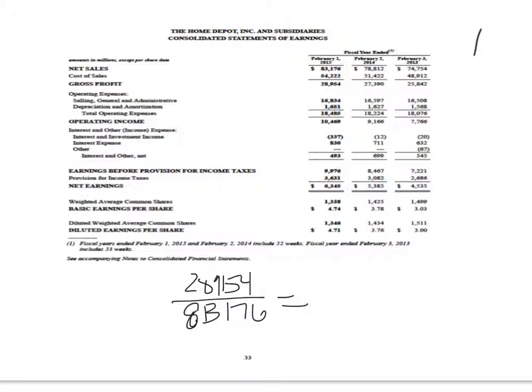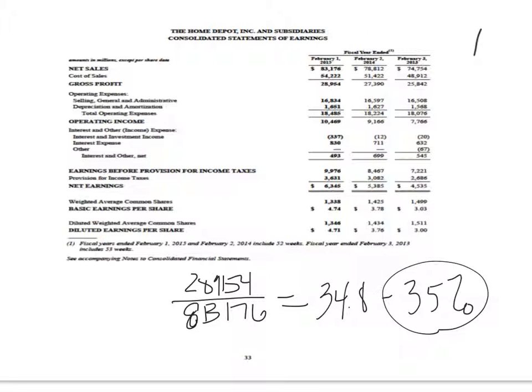If you take a minute and do the math on that, we should get 34.8%. And if we round up, that would be 35% gross profit.